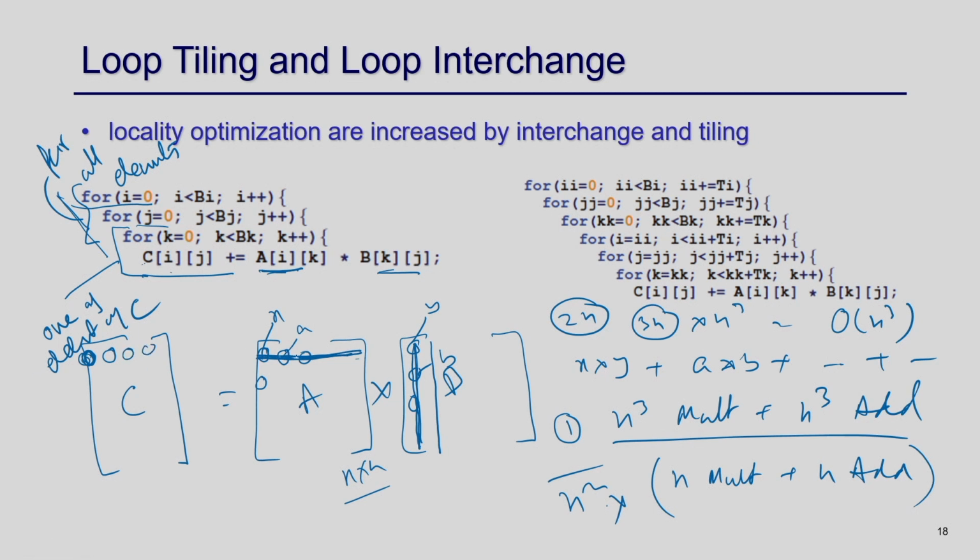I multiply this with the first column and get the first element; with the second column, the second element of the first row; third column, third element of the first row; fourth column, fourth element, and so on. So, what I have understood here is that this particular value is going to be accessed multiple times, and it is getting reused. This is another important point here.